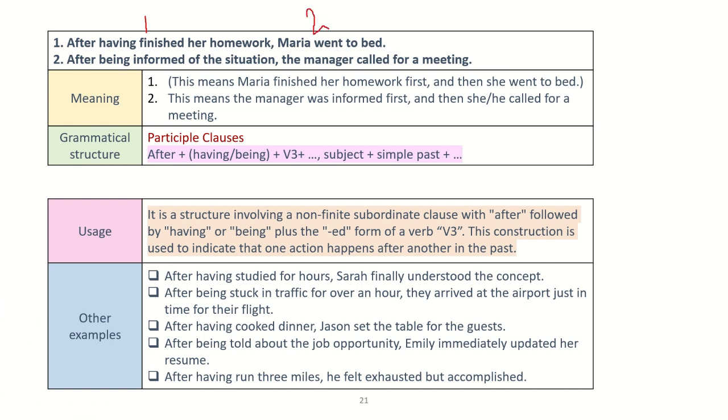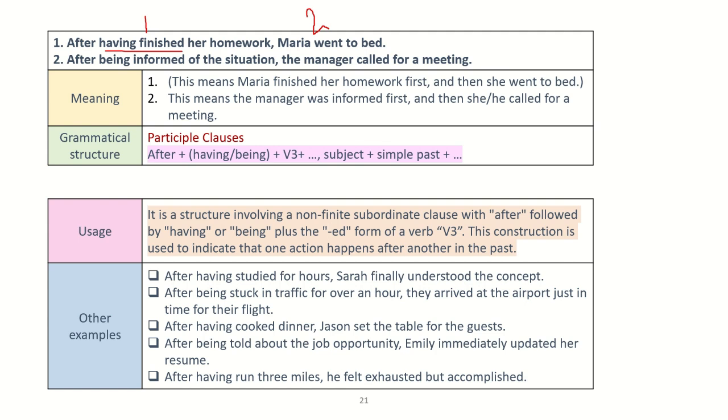So instead of saying after Maria had finished her homework, she went to bed, I can say after having finished her homework. So I use this form of participle clauses. This one is the perfect participle using having plus past participle.